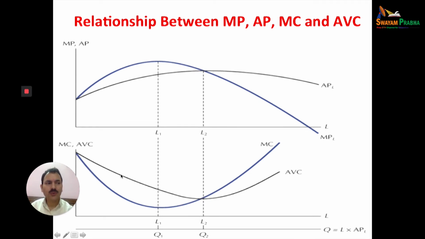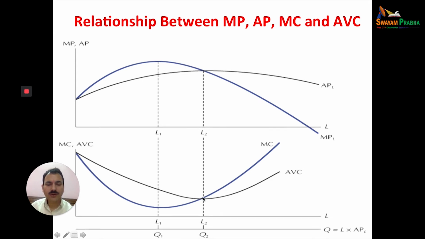When AC falls, MC will also fall, but less than AC. Try to note, when average cost falls, marginal cost is also falling, but less than AC.